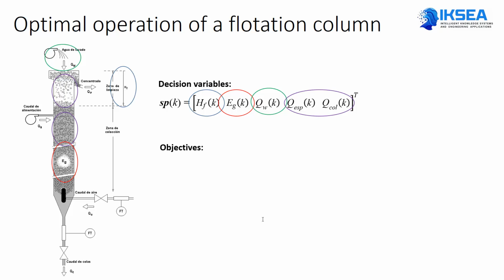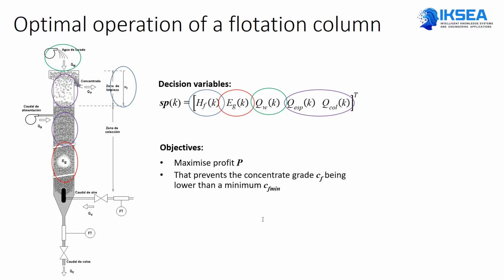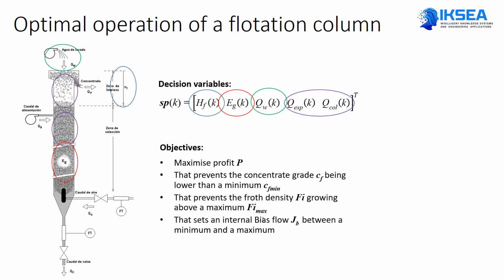The goals are: maximize the profit. This is obtained as the market selling price of the product minus production cost. That prevents the concentrate grade from being lower than a minimum. That prevents the density in the froth from growing above a maximum. That sets an internal bias flow between a minimum and a maximum.